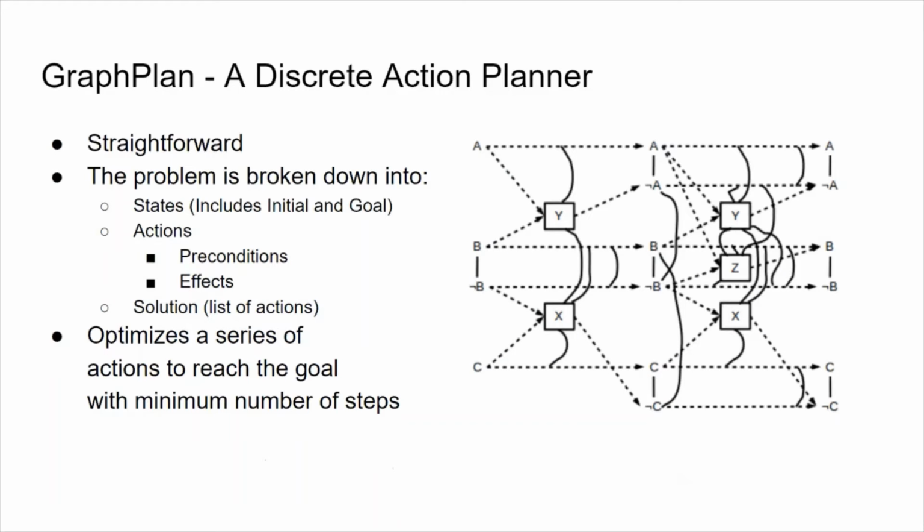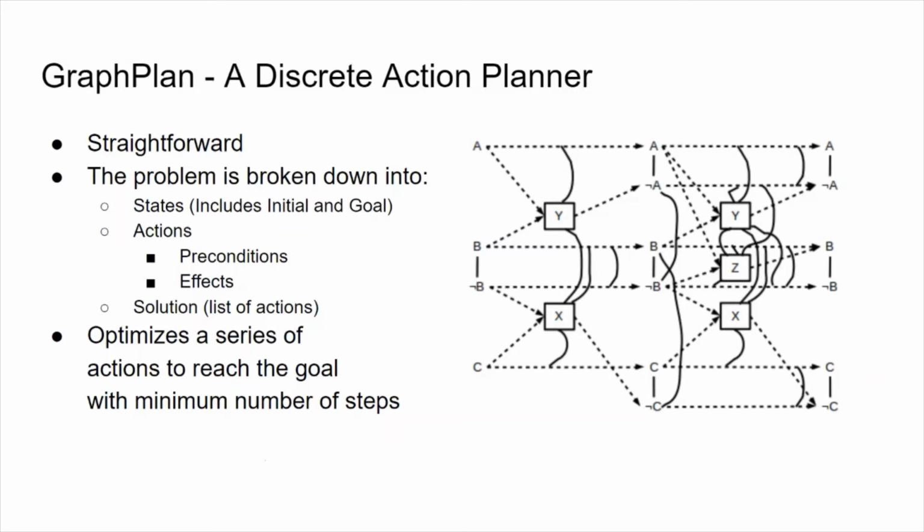And how GraphPlan works, the reason why we picked it, first off, is because it's straightforward, meaning that it's fairly easy to understand when you break it down into pieces, especially for a discrete optimizer. It breaks down into a few basic pieces. It breaks down into some states. In our instance, the states will be the systems on the robot, which ones are working and which ones aren't.